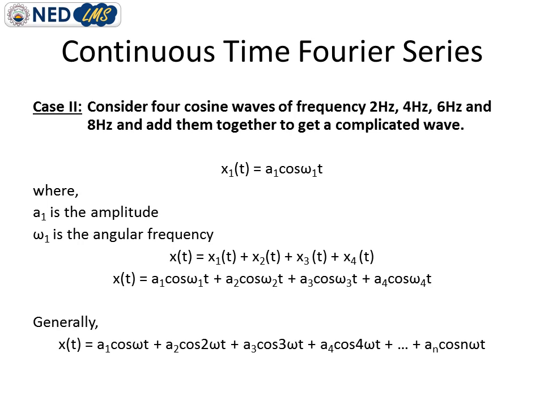So it can be represented as x1 of t is equal to A1 cos omega 1 t, or simply omega. Similarly, as we discussed for the sine waves, all these 4 waveforms, x1, x2, x3 and x4, are added up to form a complicated waveform, which is x of t.